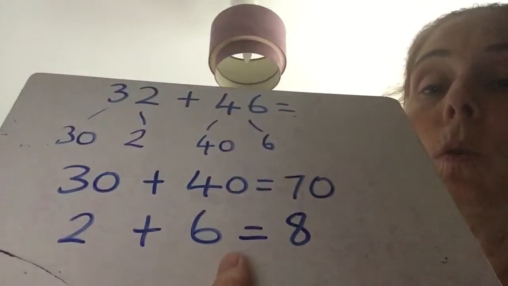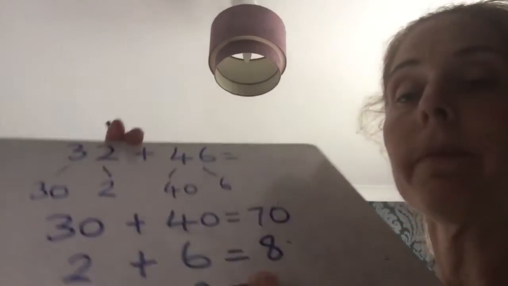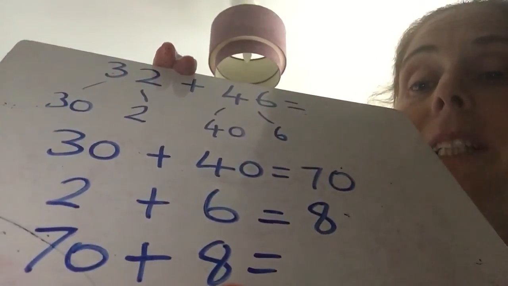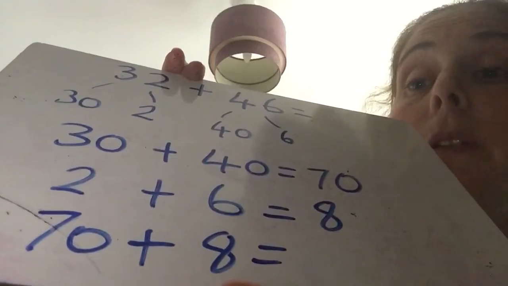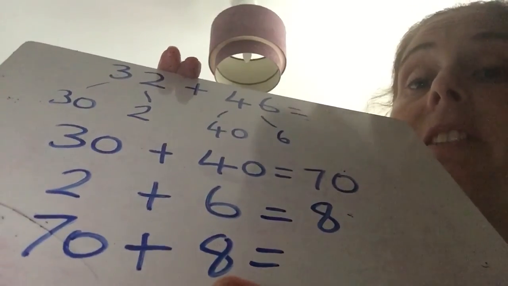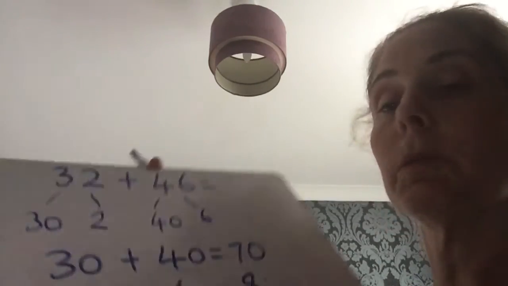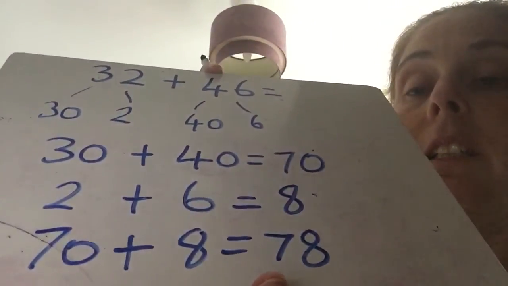And then all we have to do is add our 2 answers together. So we've got 70 add 8 equals, what's it going to be? Remember what I said. What does that ones number do? It covers up the 0, so it's going to become 78. Okay, your answer would be 78.